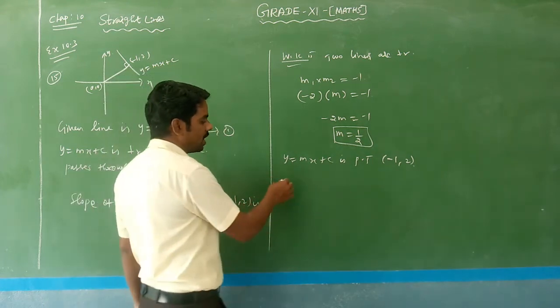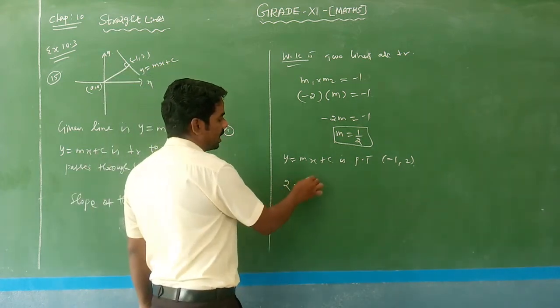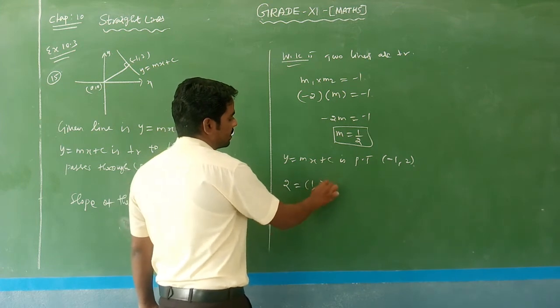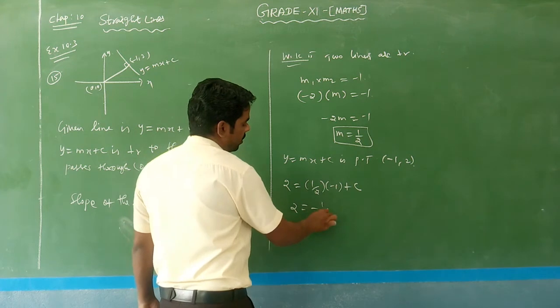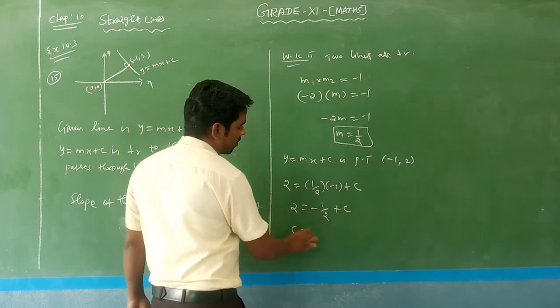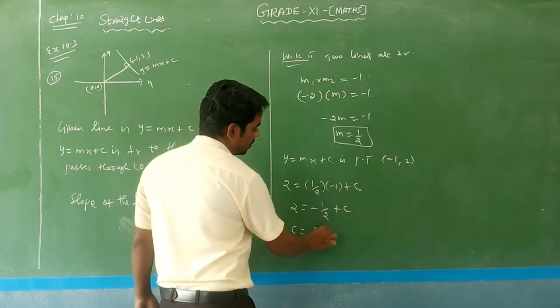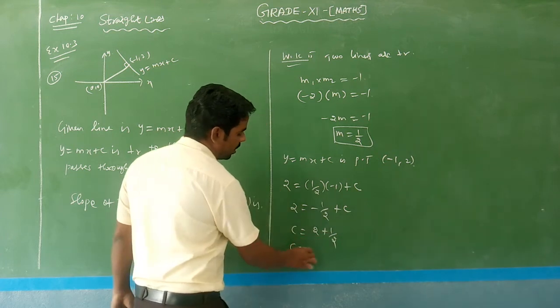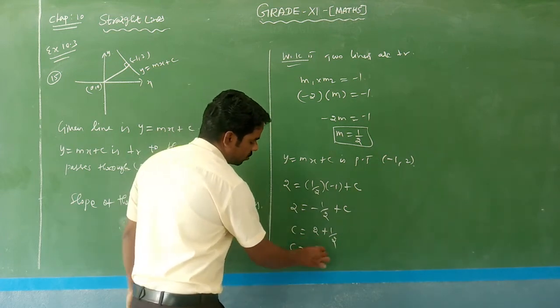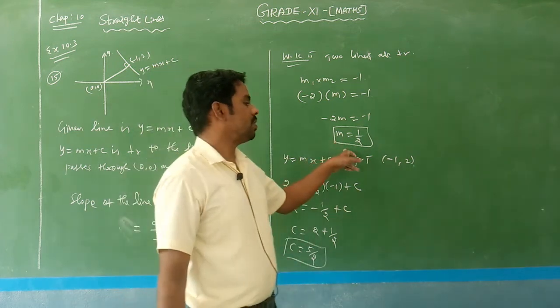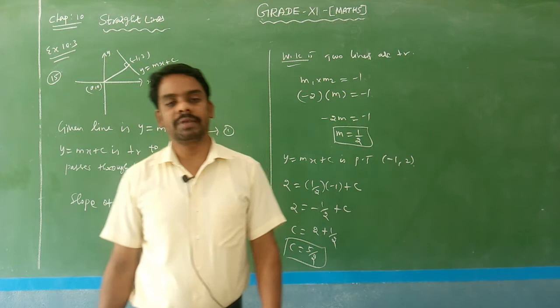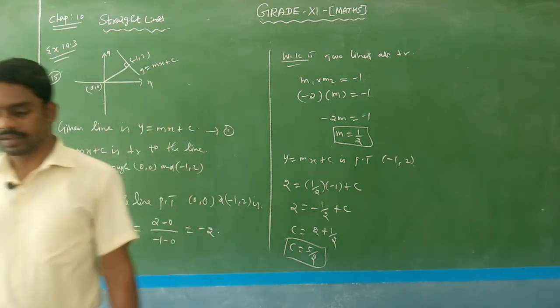Substituting, y is 2, m is 1 by 2, x is minus 1: 2 is equal to minus 1 by 2 plus c, so c is equal to 2 plus 1 by 2, which is 5 by 2. Therefore the required answer is m is 1 by 2 and c is 5 by 2. Very simple question, right?